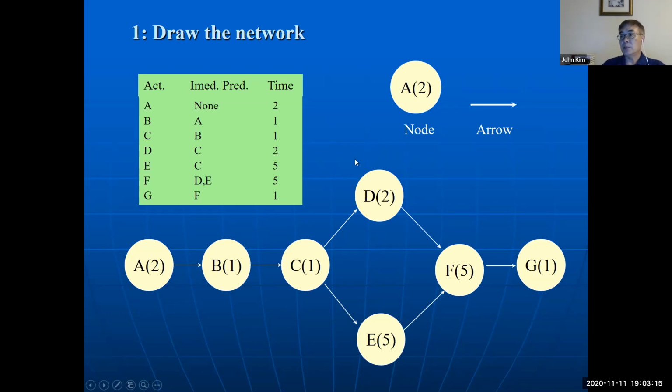And certain textbooks or others use a box type, a square symbol, to develop the network diagram. So A, B, after B, C comes, and then D and E after C, and then F after D and E, and so on like this.